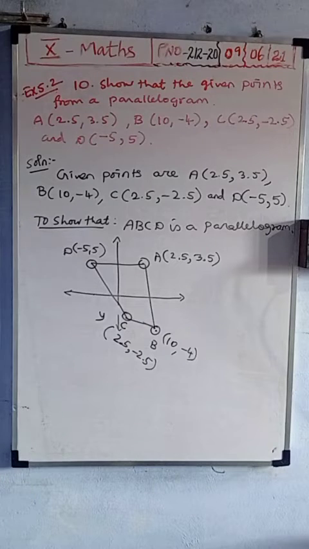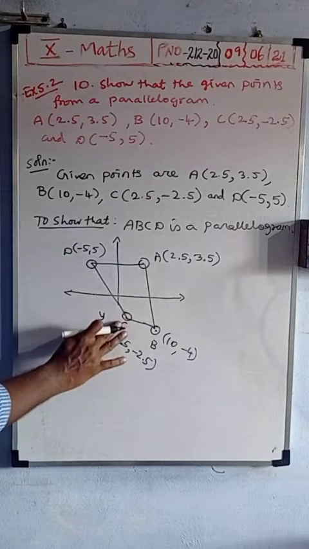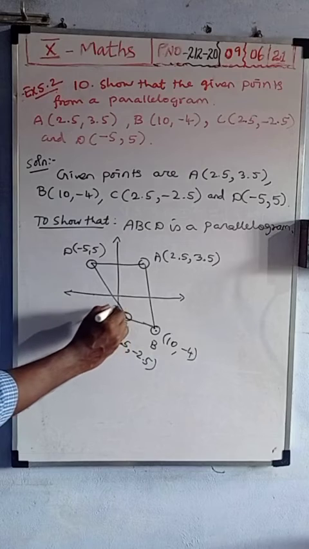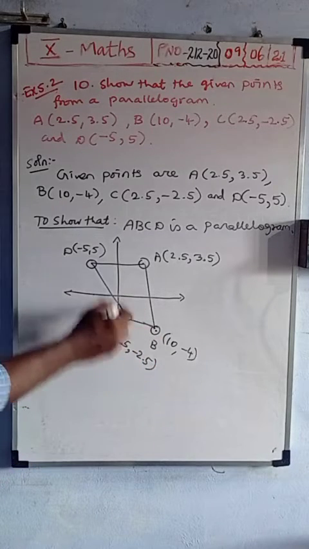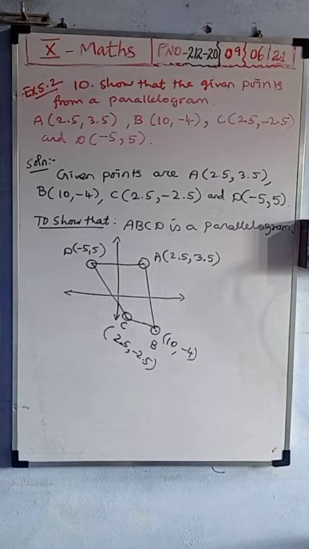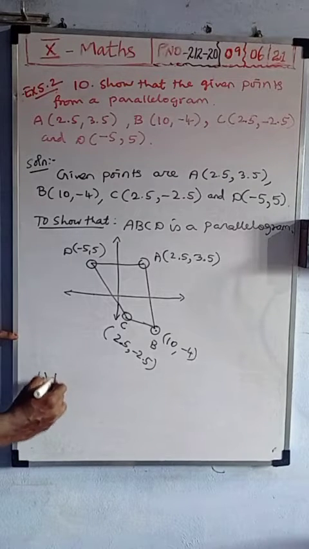So these 4 points A, B, C, D are given. Now we want to show whether it's a parallelogram or not. What is the parallelogram condition?